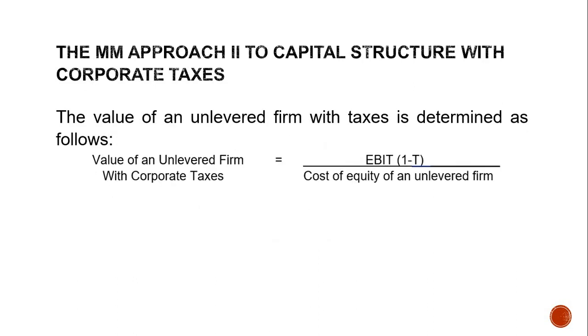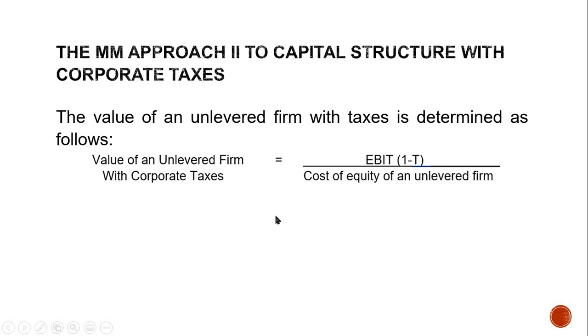Okay? So the value of an unlevered firm with taxes is determined as follows. When you say unlevered firm, that's value of an unlevered firm with corporate taxes, that's EBIT times (1 minus T) divided by cost of equity of an unlevered firm. When you say unlevered firm, ito yung firm na walang debt.